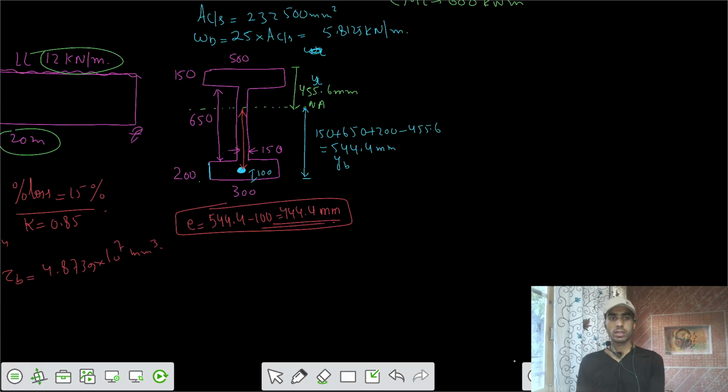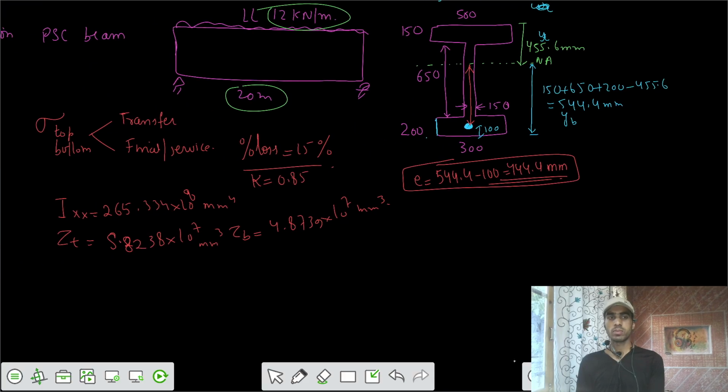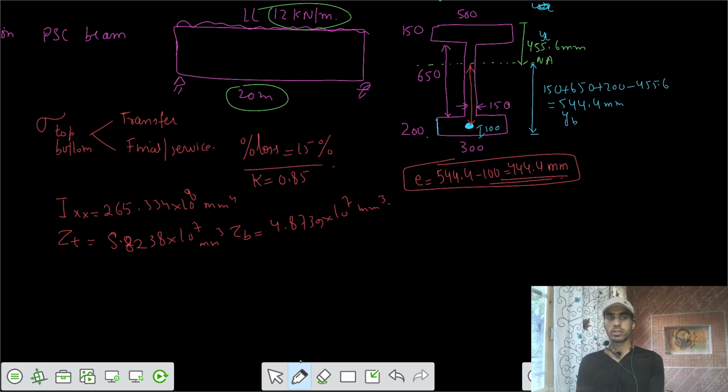Now we need to calculate the stresses at the top and bottom for two different stages. And we are calculating at the midspan. Let's say that the cable is straight.